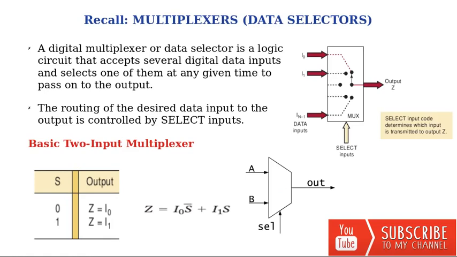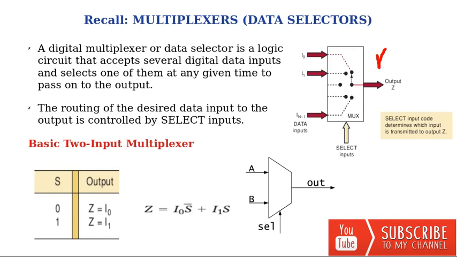By definition, a digital multiplexer or data selector is a logic circuit that accepts several digital data inputs and selects one of them at any given time to pass on to the output. The general block diagram is shown here.